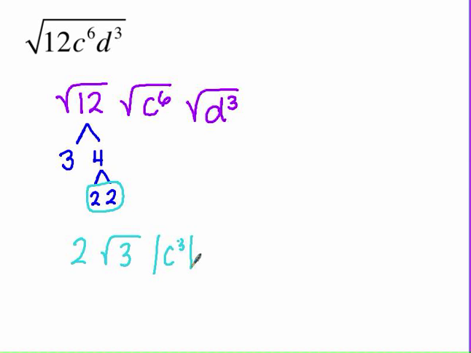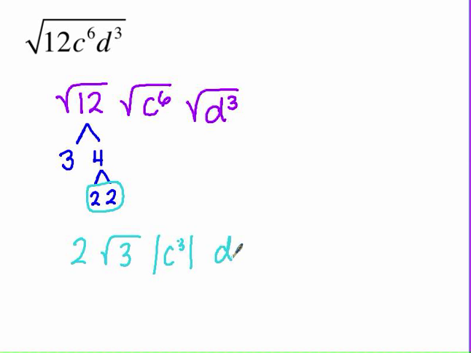Remember how I told you to divide? If I divide 3 by 2, does that come out evenly? What does it actually give me? 1.5, but it gives me 1, right? So that means I can take out 1 d. What's going to be left inside the square root?